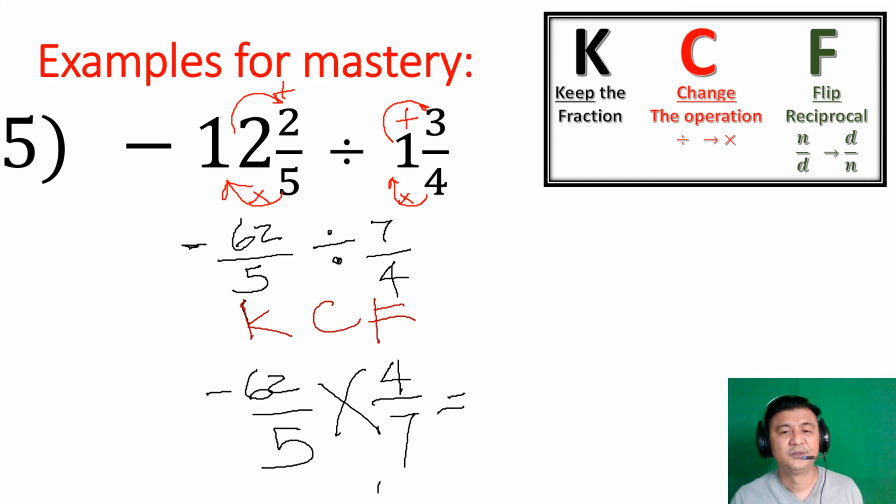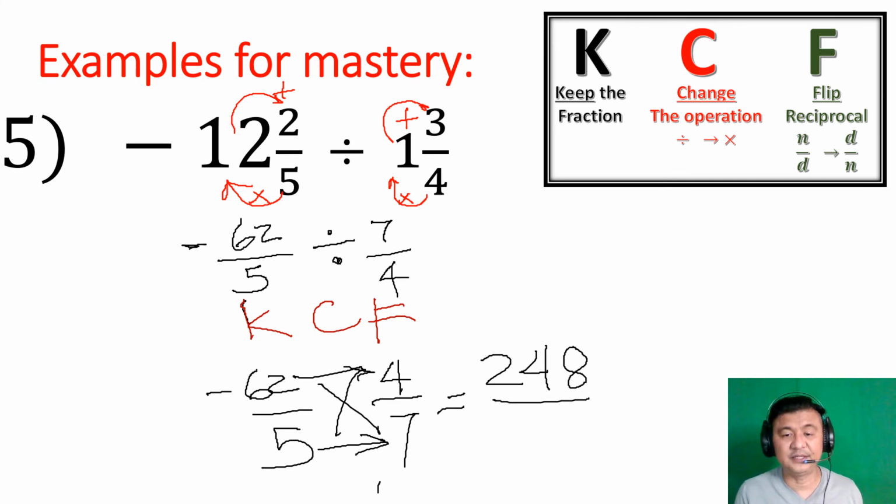Now we can multiply left to right. 62 times 4 will give me 248. And then 5 times 7 is 35. But remember, let's figure out the signs now. Different signs, negative. At the end, it's going to be negative.